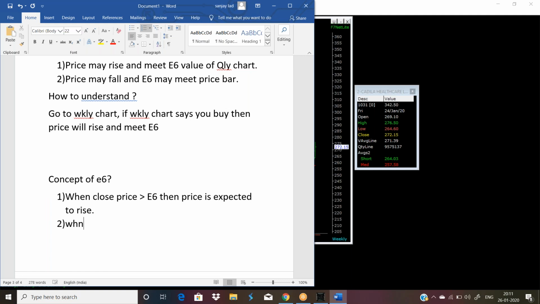And when close price is less than E6, then price is expected to fall.